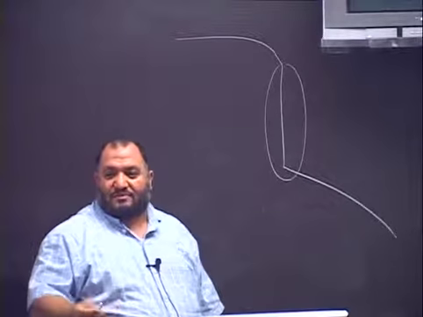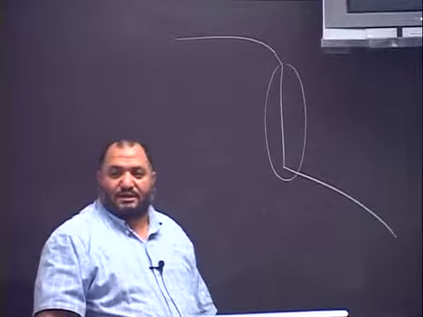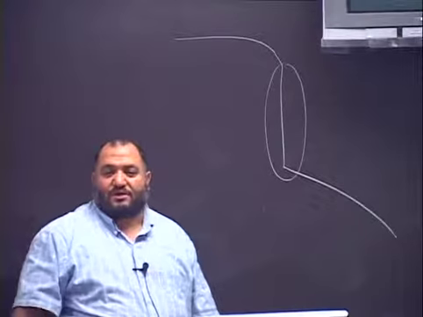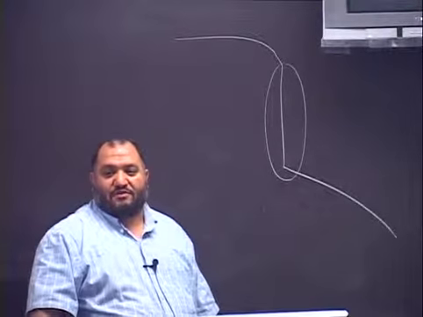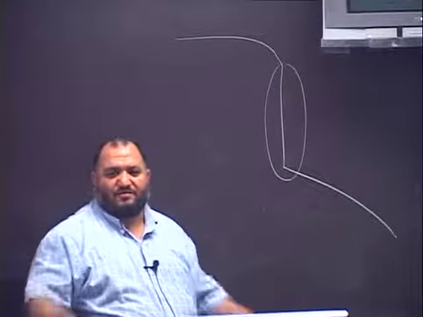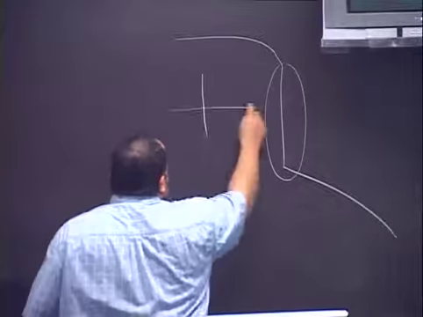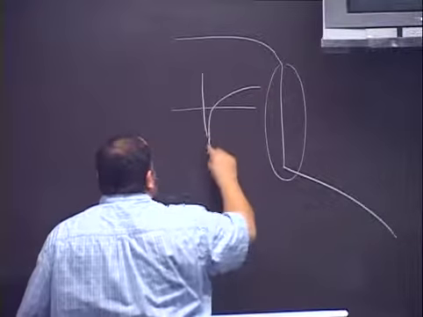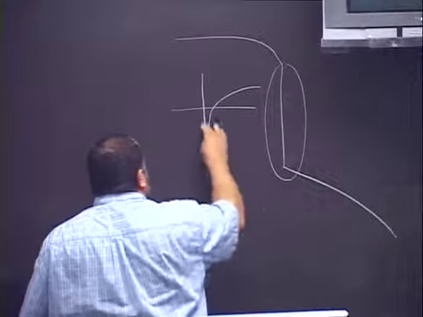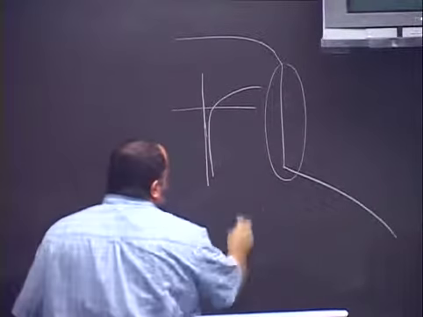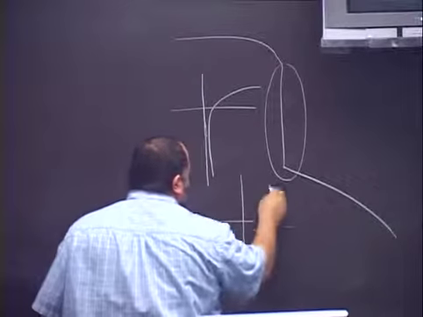Can you give an example of infinite discontinuity? What function usually shows infinite discontinuity? There are lots of functions in mathematics. Logarithm. So logarithm at x equal to 0 goes to what? Infinity. And what else?